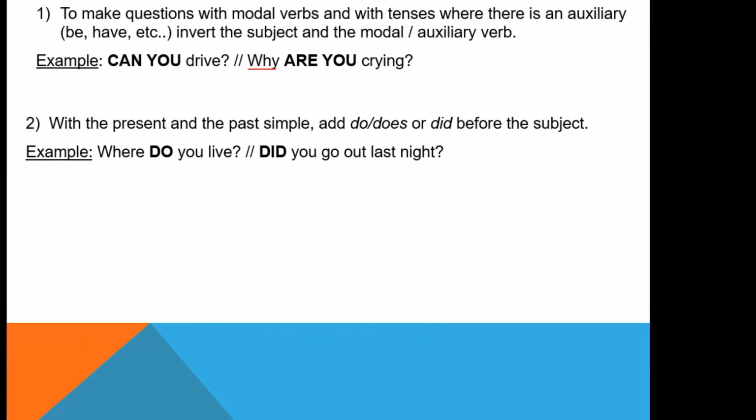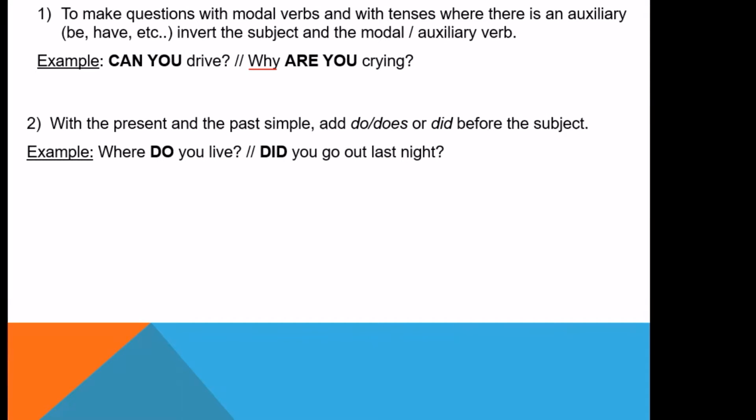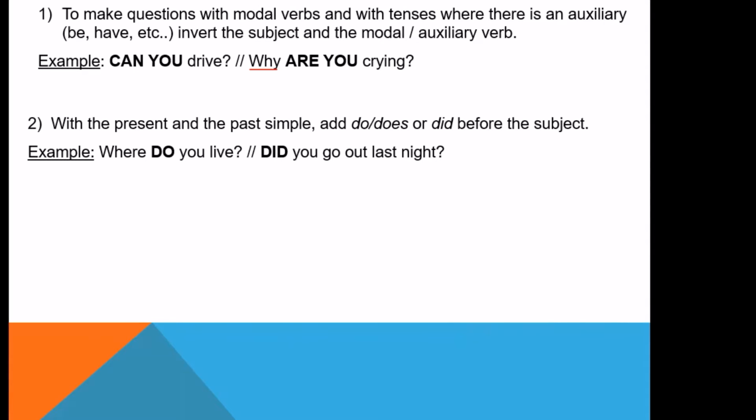Now, there are cases in which I will need an auxiliary with the present and the past simple. Here in the channel, there are videos about the simple present and the present continuous, both the theory and the practice. In this case, we highlight the use of the auxiliaries.